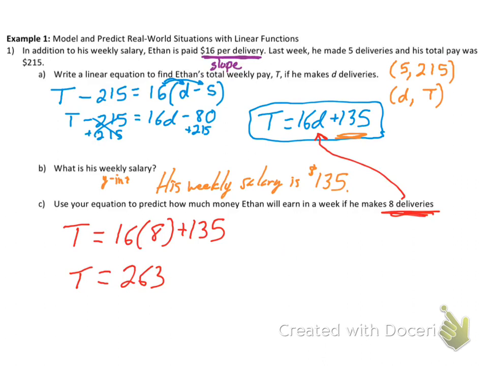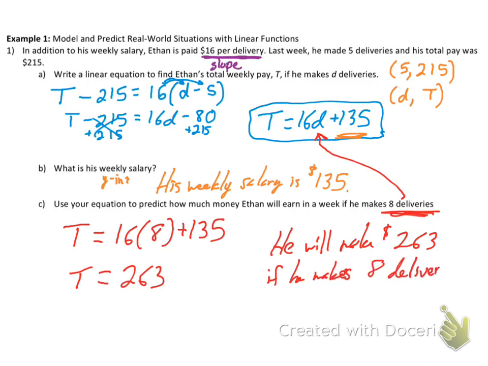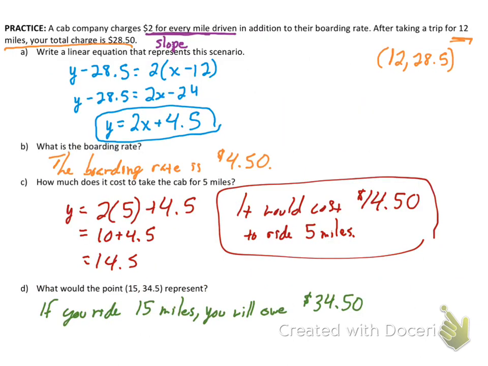So he will make $263 if he makes 8 deliveries. So that's how you do a problem like that. Go ahead and try the next practice problem on your own.